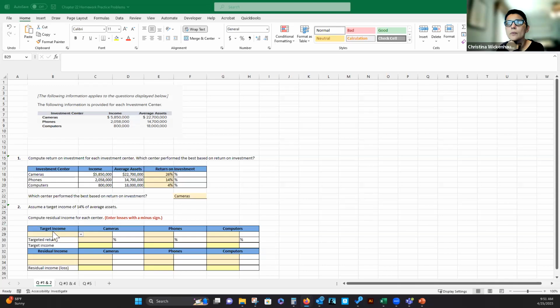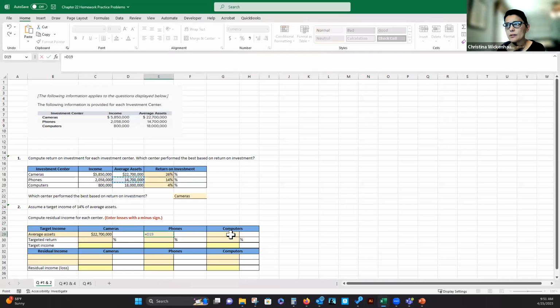Okay, so we're going to start out by taking our average assets. So we're going to just copy these down. So for cameras, it is going to be this 22,000. For phones, it's going to be the 14.7.